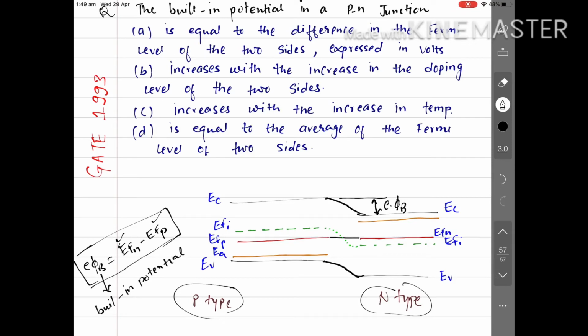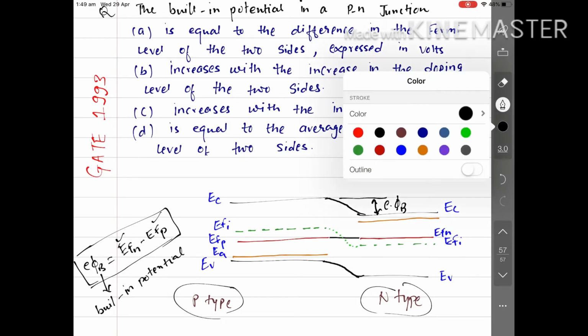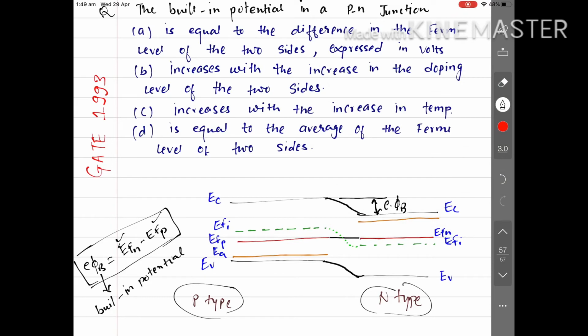This is called the built-in potential. This is what is given in statement number 1, which is A.